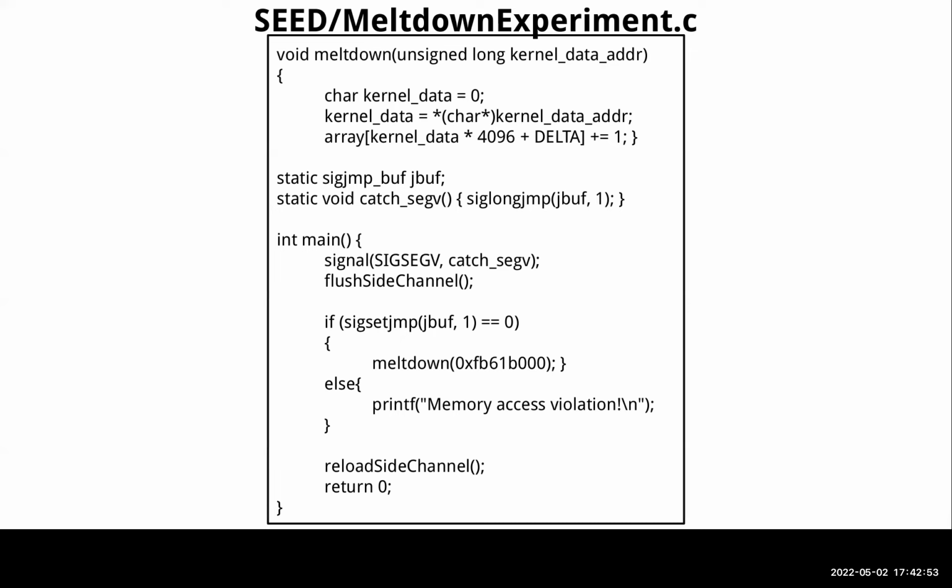In this specific example, the kernel data is a character S, but we don't know that, right? That's something we want to steal. Which one executed before? This one?